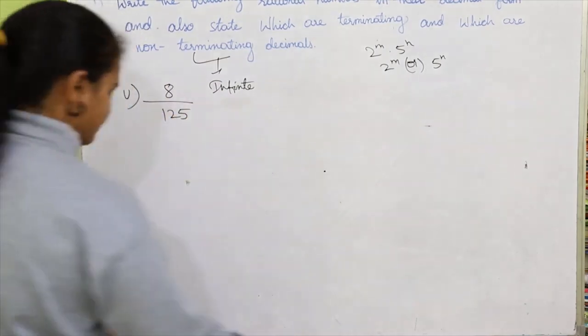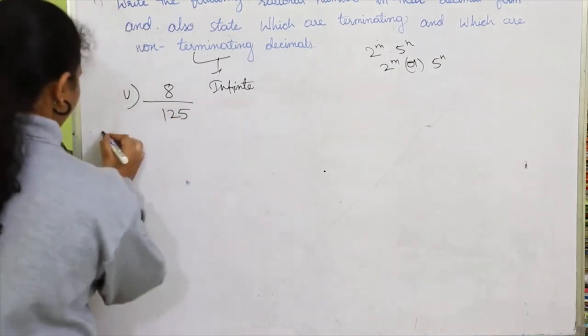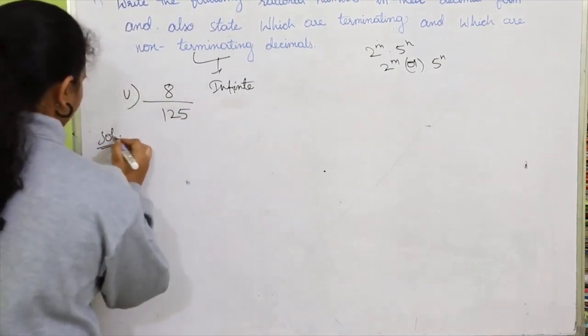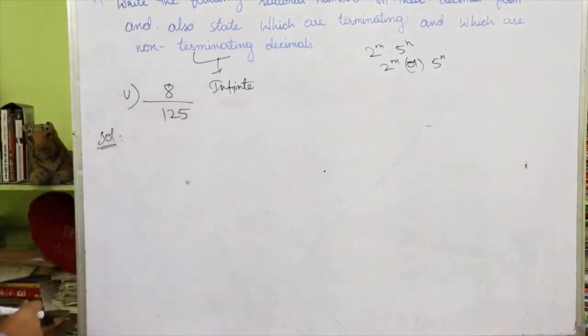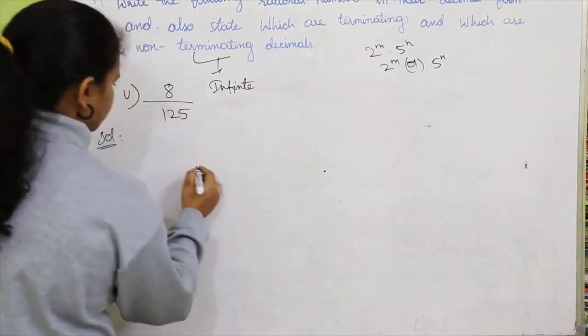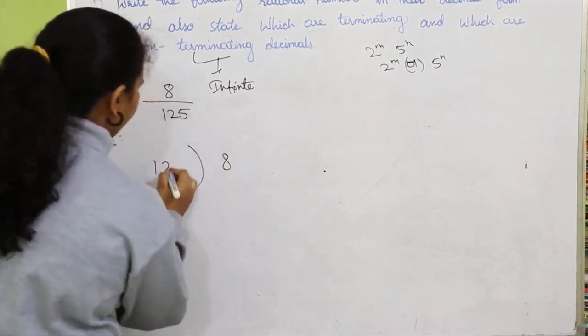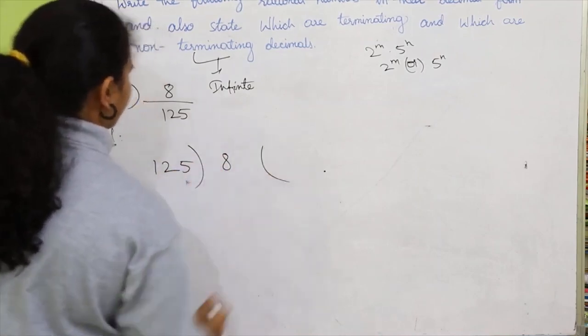Now the solution. Here 8 divided by 125. 8 becomes the dividend, where 125 becomes the divisor.